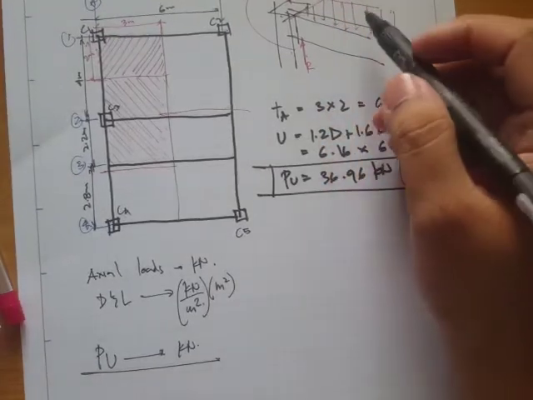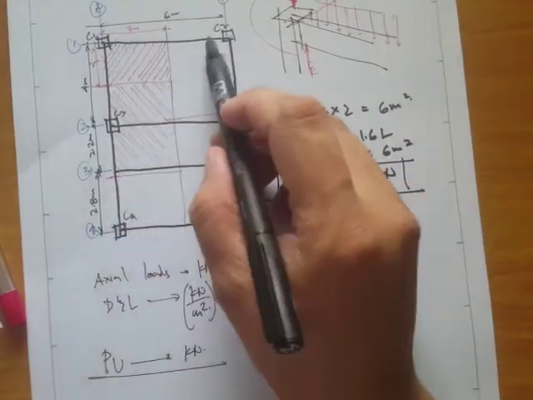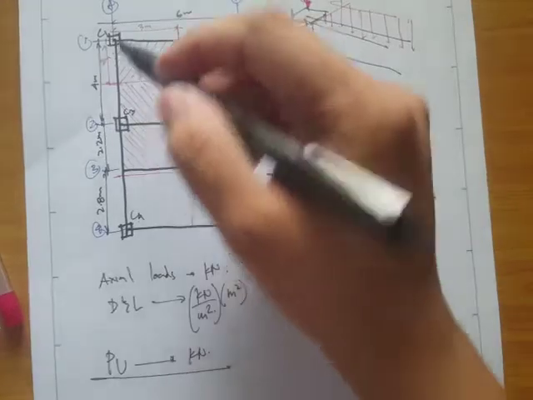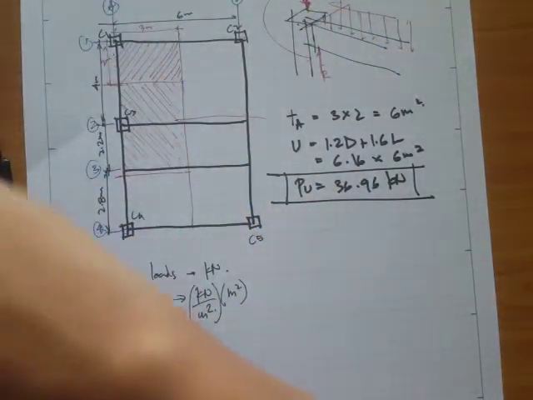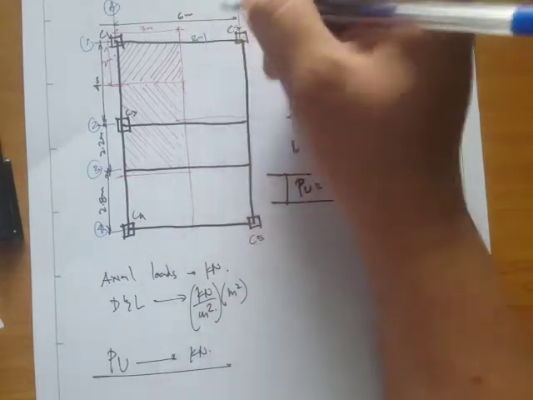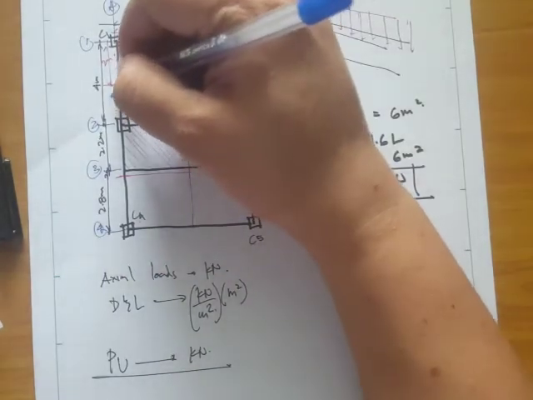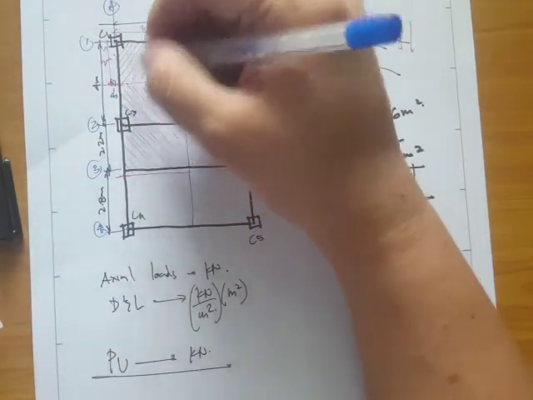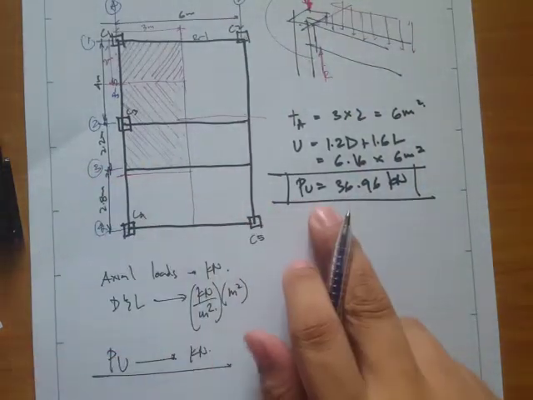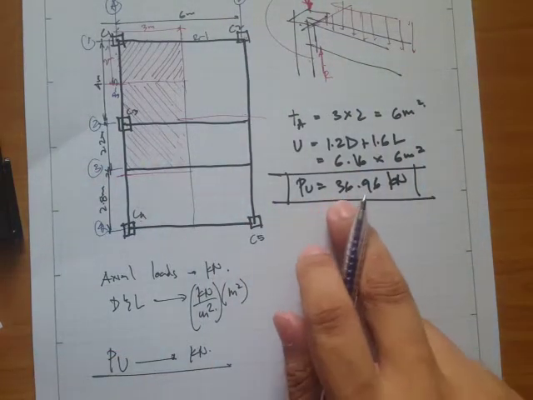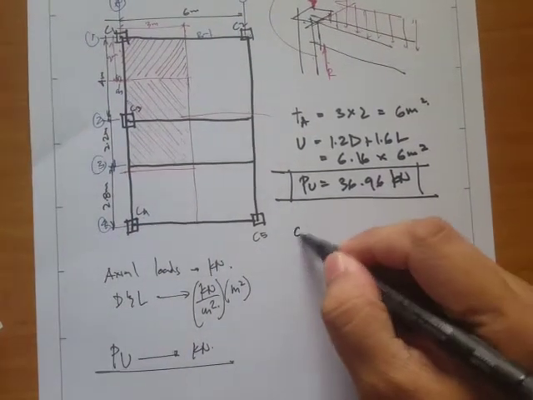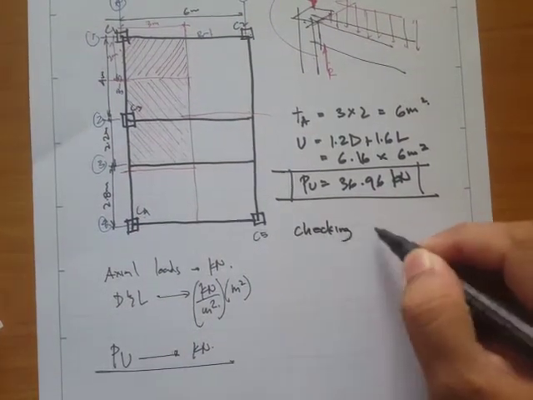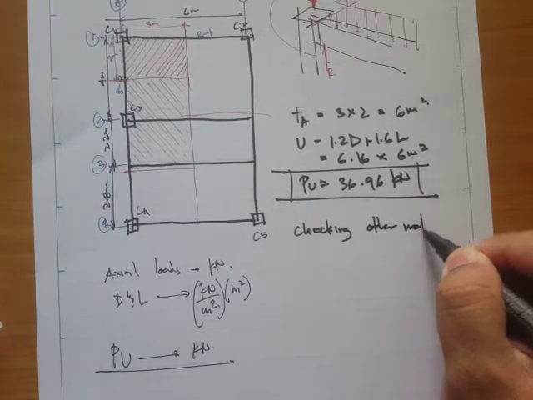So let's solve the reactions of this B-1 and then this B-5. We have B-1, let's find this, and then we have B-5. Now let's compare that value to this value. Okay, so checking other methods.